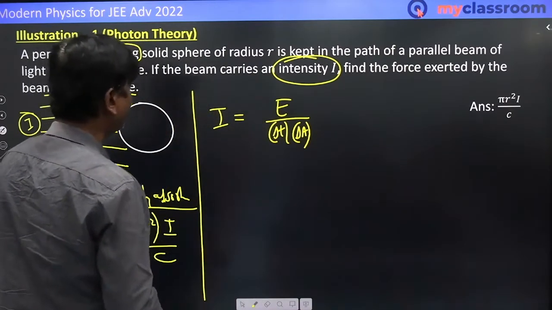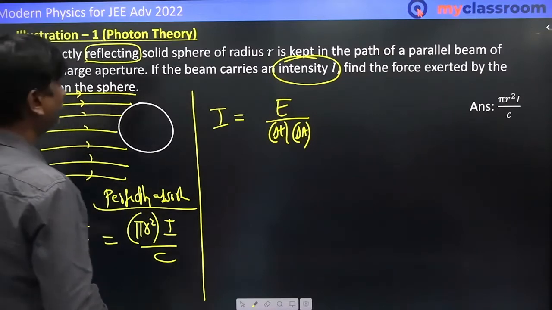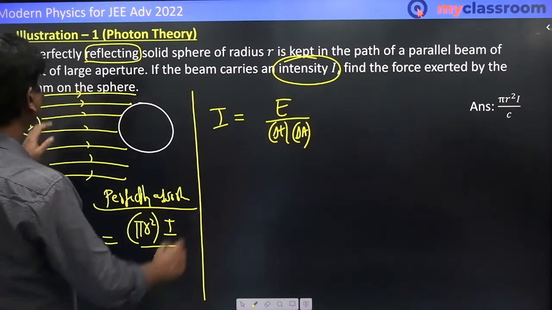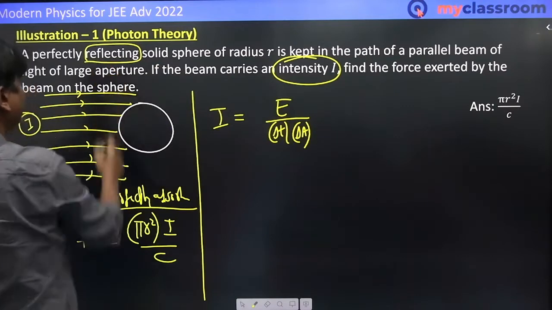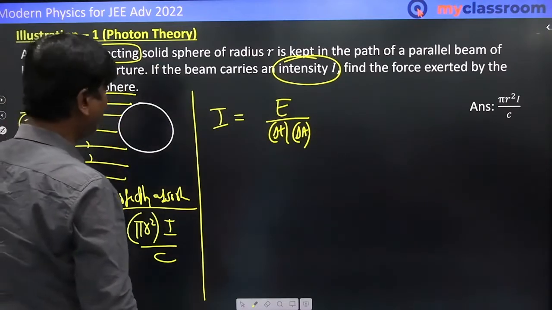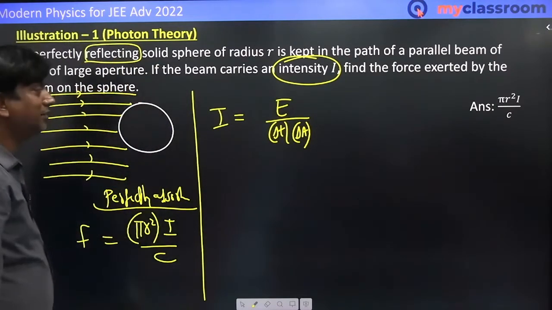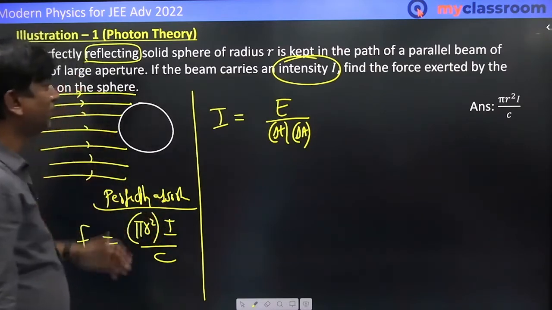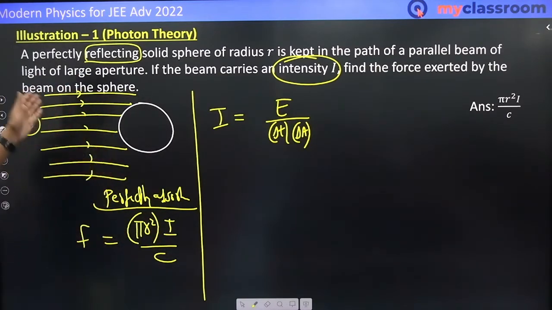So I'll draw the figure. There is a reflecting solid sphere. Now it is reflecting, it is not absorbing. How much force is exerted by the beam on the sphere when it is perfectly reflecting?